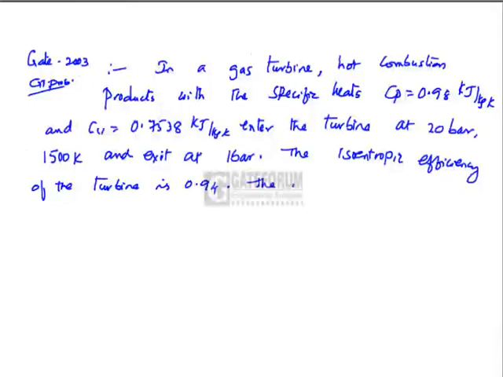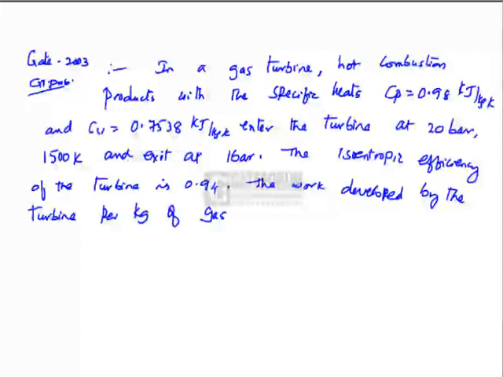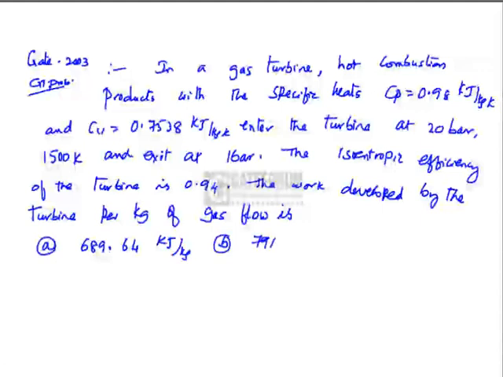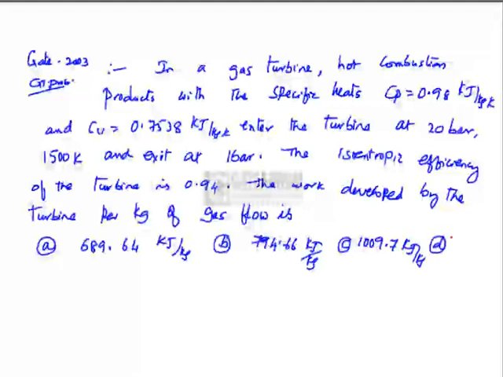Then the work developed by the turbine per kg of gas flow is: A, 689.64 kilojoule per kg; B, 799.66 kilojoule per kg; C, 1009.7 kilojoule per kg; D, 1312 kilojoule per kg.